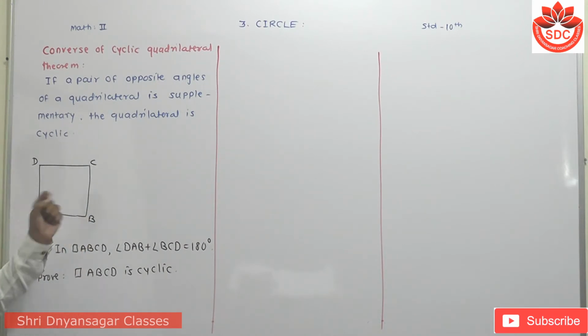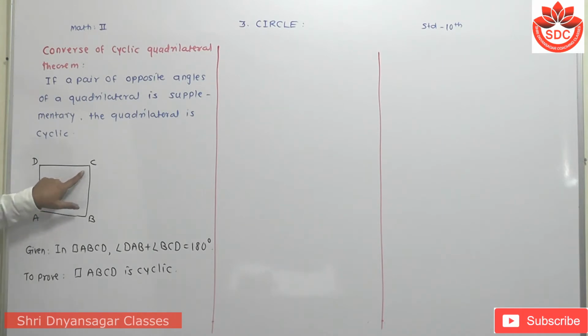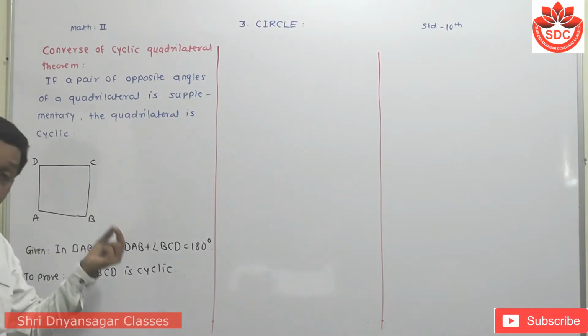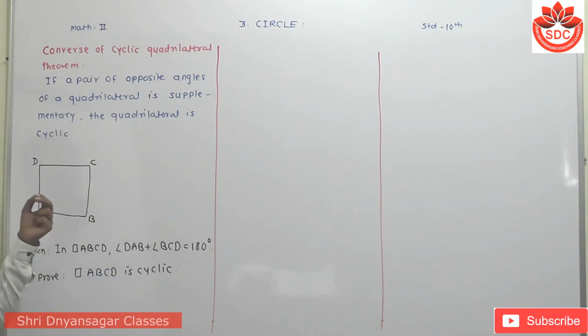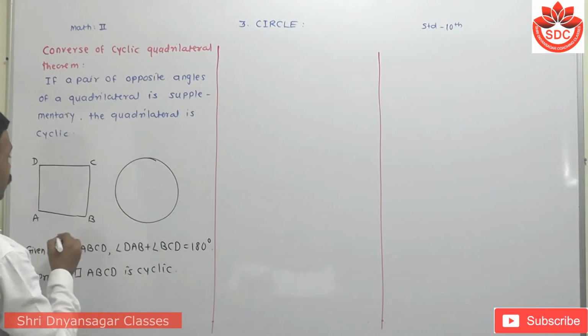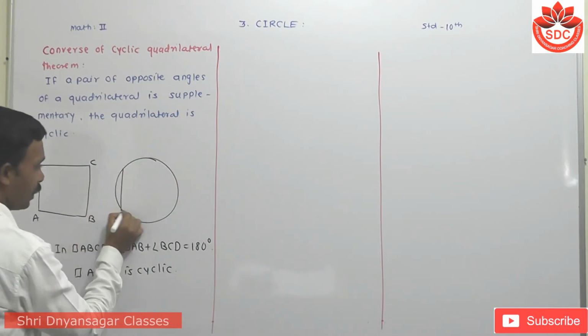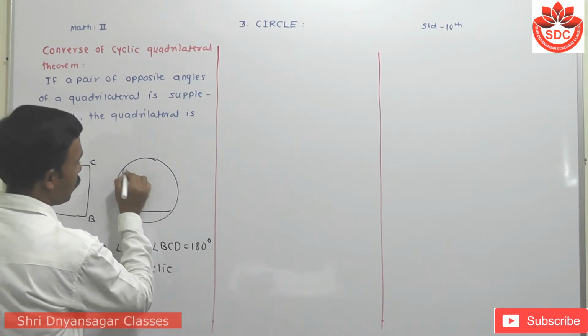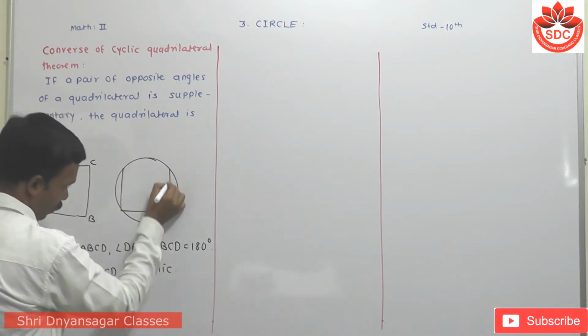Now for this, student, we consider that this point C does not lie on the circle. If this point C does not lie on the circle, then it is in the interior or exterior part of that circle. So first I have to draw one circle here, and take this point.